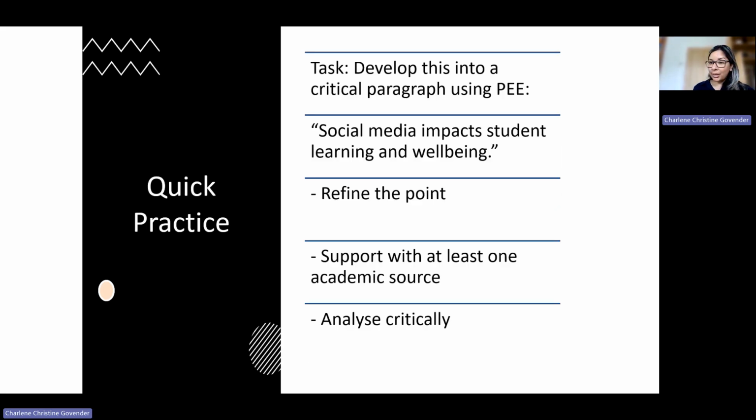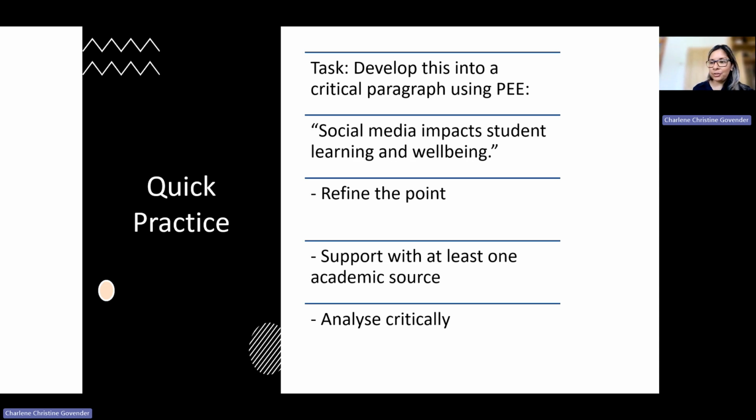So here I have a quick practice that you could do by yourself. Here we have a task: develop this into a critical paragraph using PEE. My statement is: social media impacts student learning and well-being. Now, you're going to refine the point and support it with at least one academic source and critically analyze.